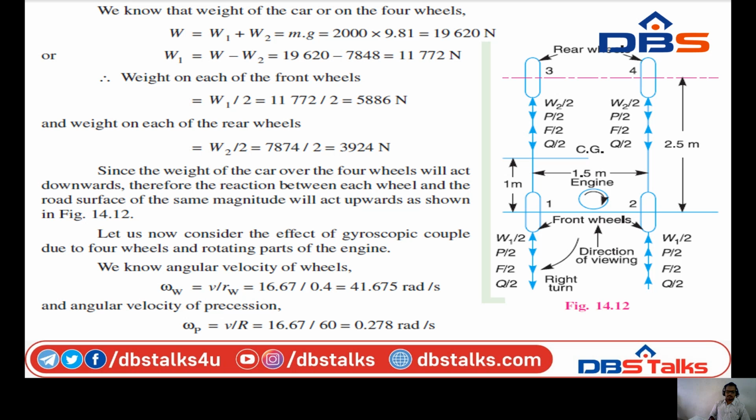So calculate this. For wheel 1, W by 2 minus, see here, W1 by 2 is in the upward direction of the arrow, and P by 2 is in the downward direction. So P by 2, F by 2, Q by 2, these are all negative.